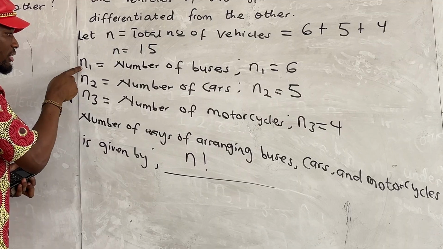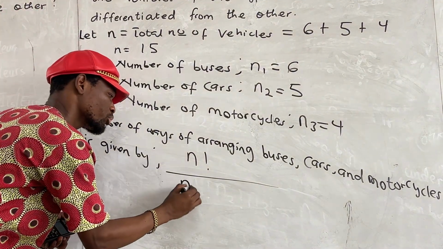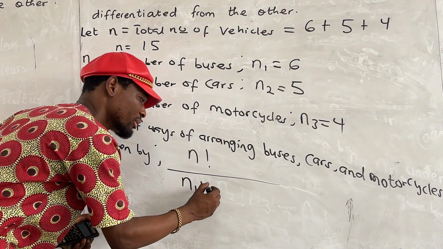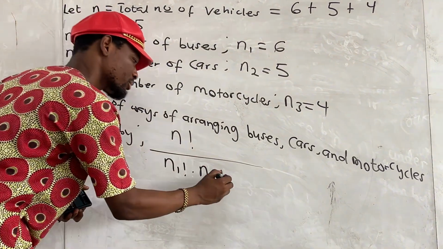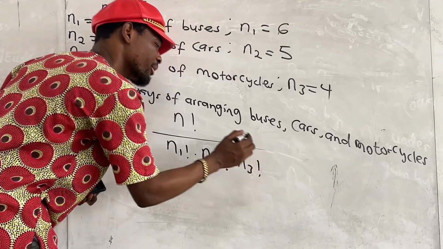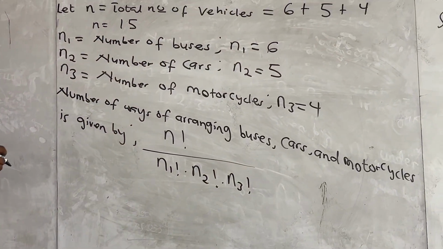So I have N factorial over N1 factorial times N2 factorial times N3 factorial. As simple as that.